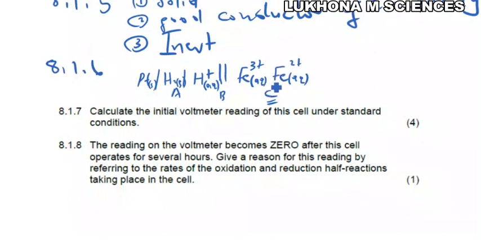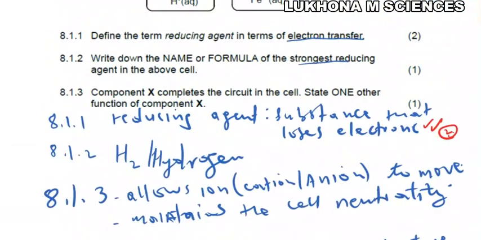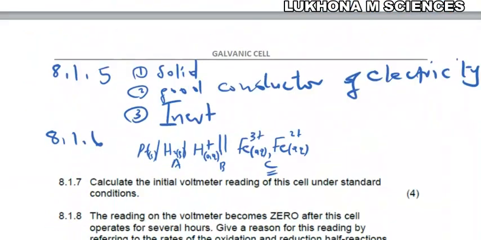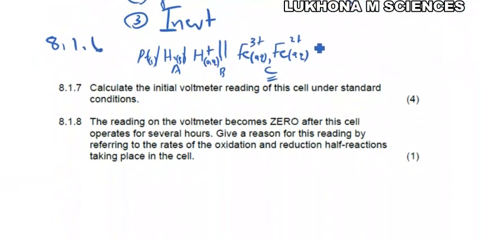So there is a comma. Let's go back to the cell. We also have here the platinum. The platinum is a solid, which means we must have a phase separator here. Then you get the cell notation. This is the cell notation.